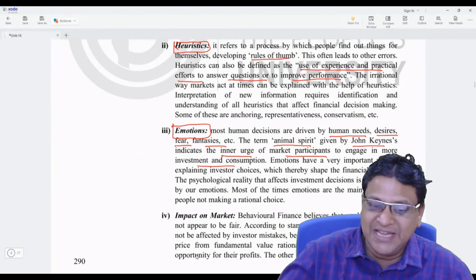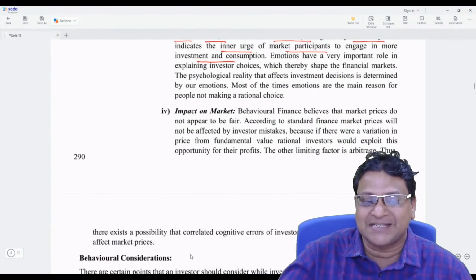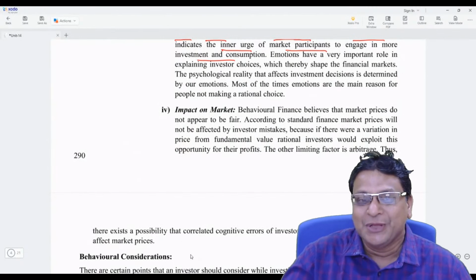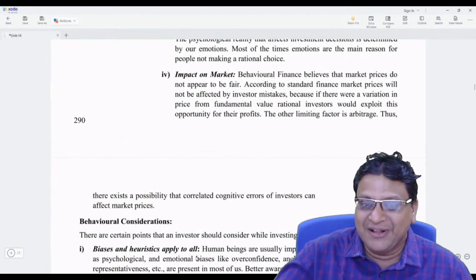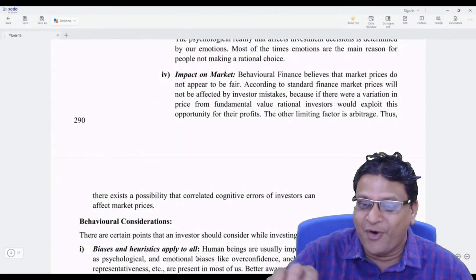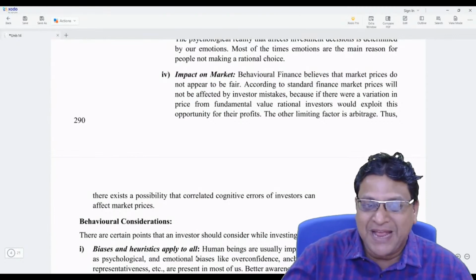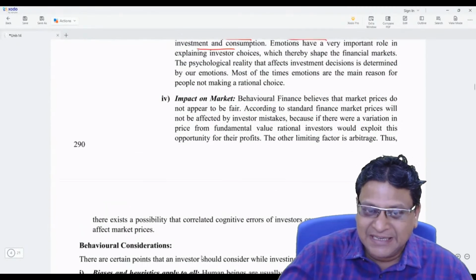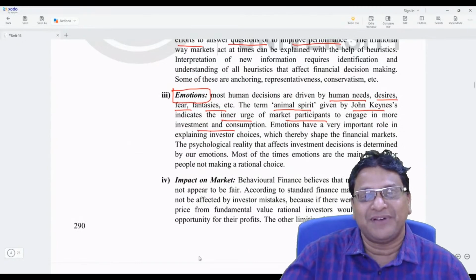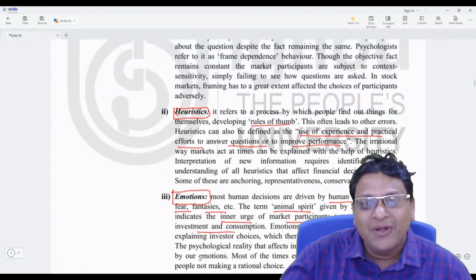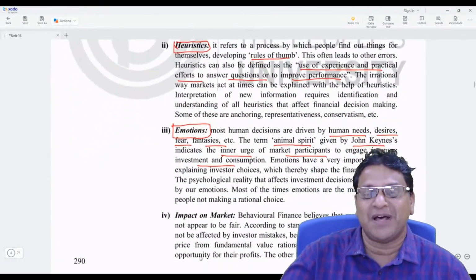Then we study the impact on markets. This is the most important thing. We will study the impact of heuristics on the financial market, impact of emotions on the financial market, impact of framing on the financial market.